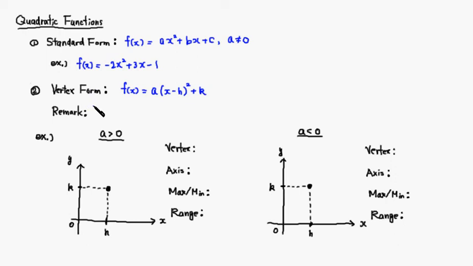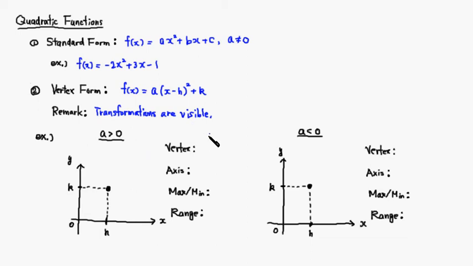Right? So the remark would be, in vertex form, transformations are visible. Right? So it's a very convenient form.